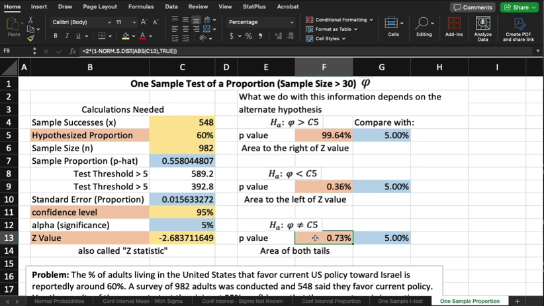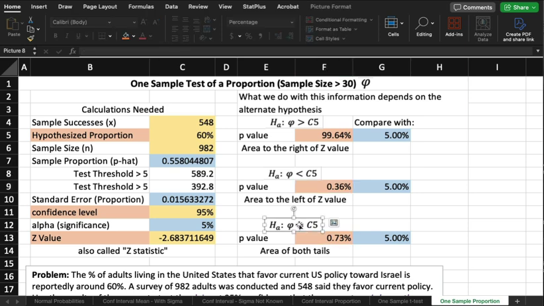But just for the sake of seeing what the formula is in case the alternate hypothesis was phi is not equal to a number, let's look at what that formula looks like.